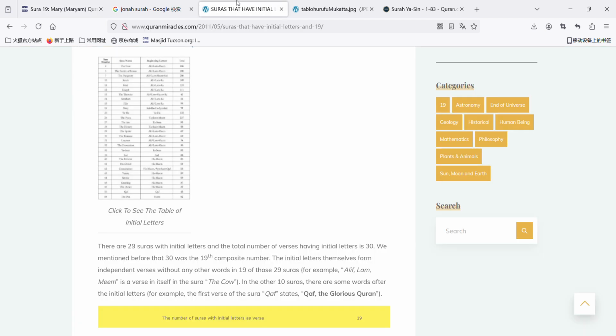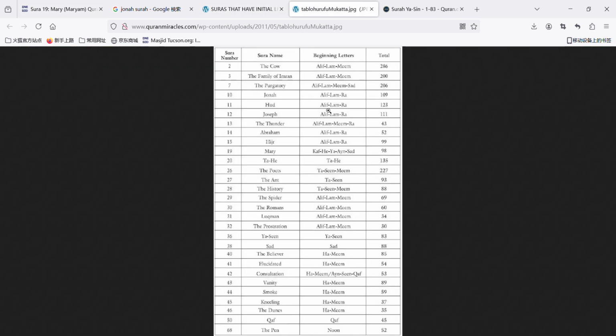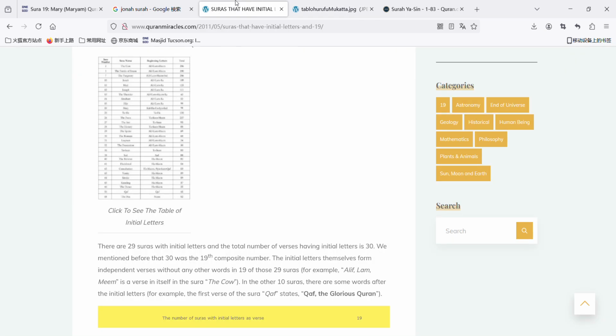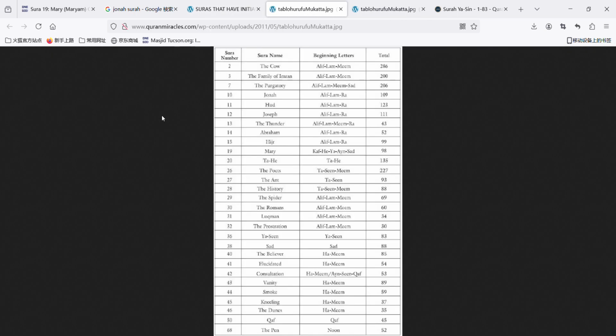So we see that, because otherwise some people who don't know about initials may question if it was not used before. So that's why it is interesting.